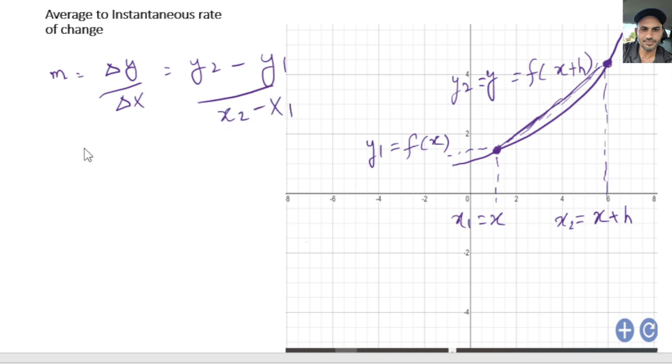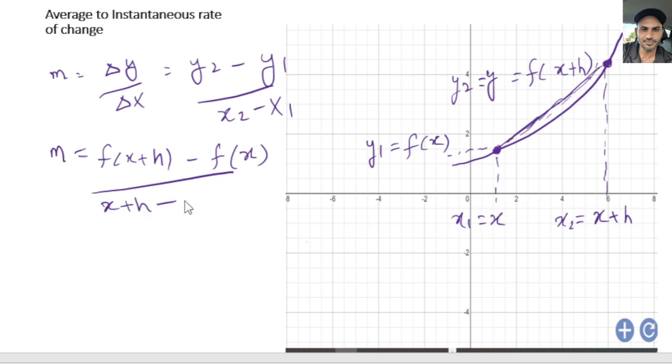Then we make a substitution like we did before. The slope, which is the average rate of change for this particular line, is what we're trying to recalculate. y2 is f of x plus h, minus f of x, divided by x2, which is x plus h, minus x1, which is just x.